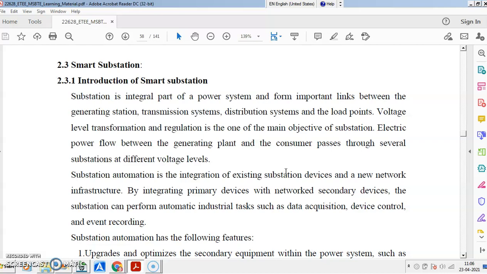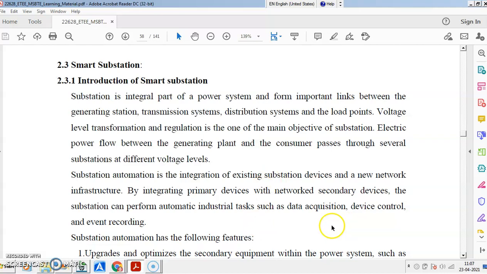Substation automation is the integration of existing substation devices and new network infrastructure. By integrating primary devices with network secondary devices, the substation can perform automatic industrial tasks such as data acquisition, device control and event recording.